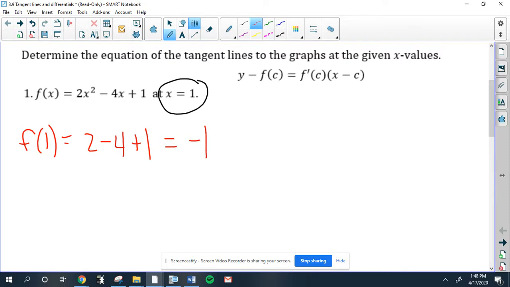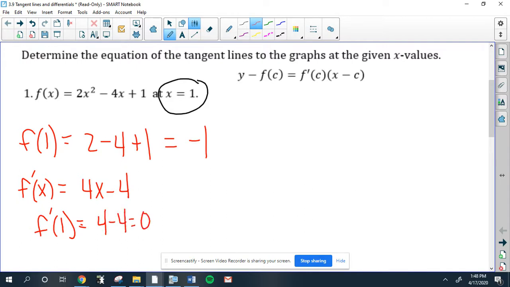F prime of c, or f prime of 1, first you have to figure out what f prime of x is by taking the derivative of the function, 4x minus 4. So f prime of 1 equals 4 times 1 minus 4, which is 4 minus 4, which is 0. Now you just plug those two numbers in.